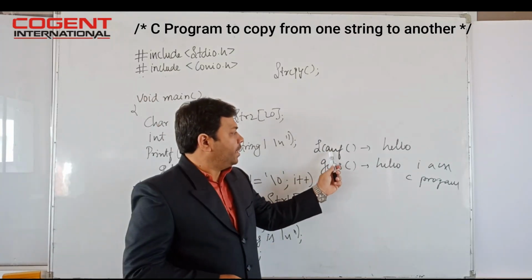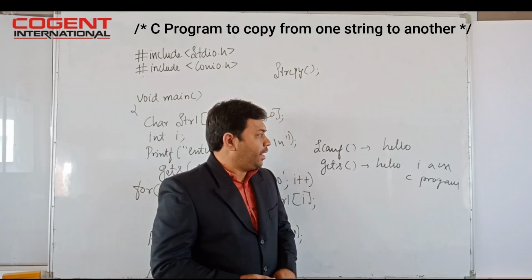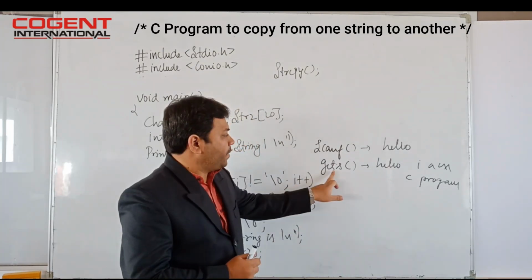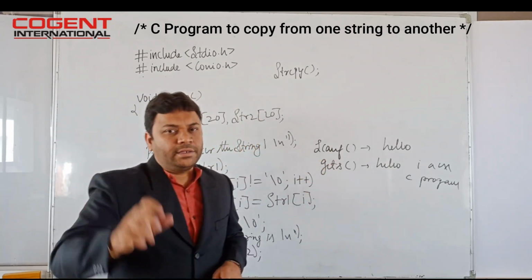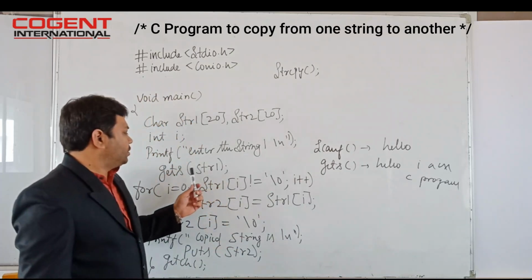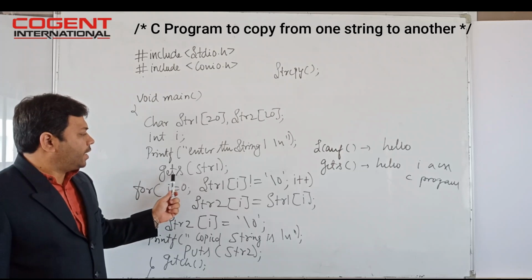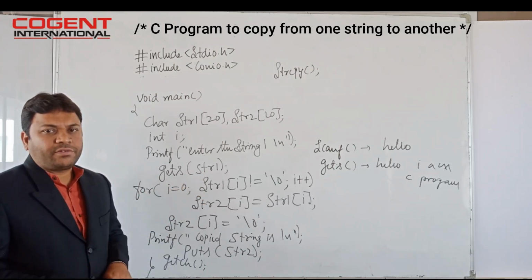So scanf is used to read a single string, right? Then if I want to read a sentence, that time gets is used. So here I am going to read the sentence, so I am going to use the gets function, that is an unformatted I/O function. So gets str1, right? We need to read the string 1.